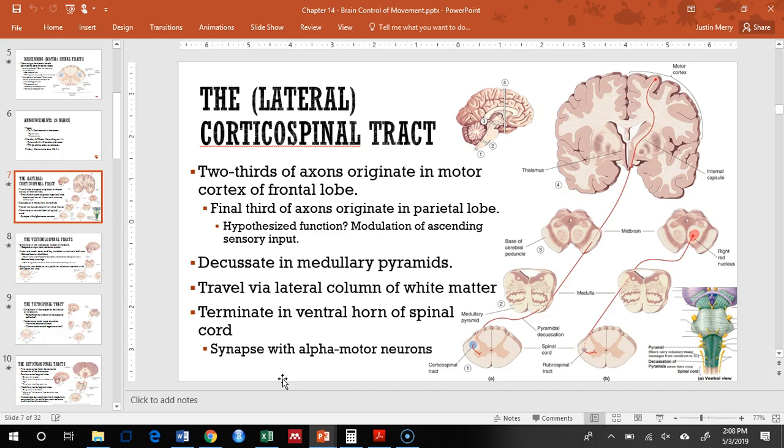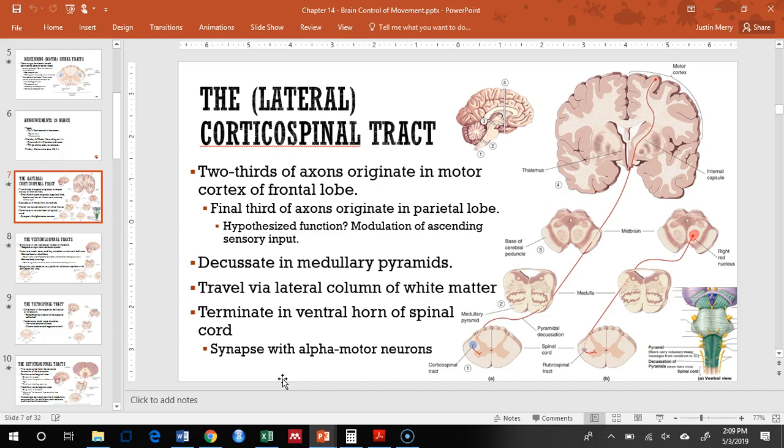So when we were just talking about those upper motor neurons in the primary motor cortex, area 4, as well as also in area 6, they're starting up here in this motor cortex area, and they're sending axons that travel down through the brain stem, through the midbrain, down through the medulla.